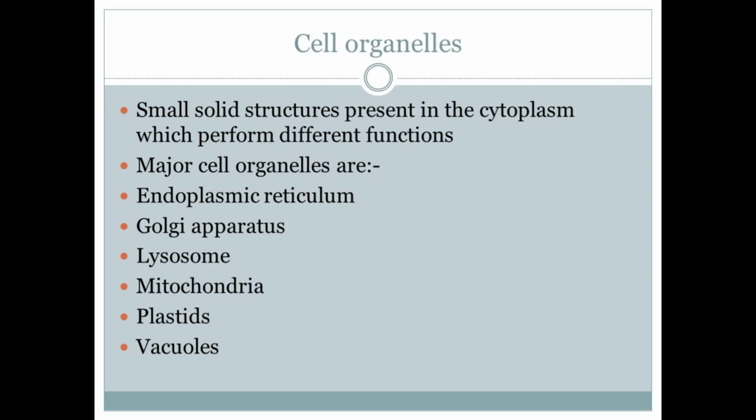The major cell organelles are endoplasmic reticulum, Golgi apparatus, lysosomes, mitochondria, plastids and vacuoles. We will be studying about these 6 cell organelles in detail in this chapter.